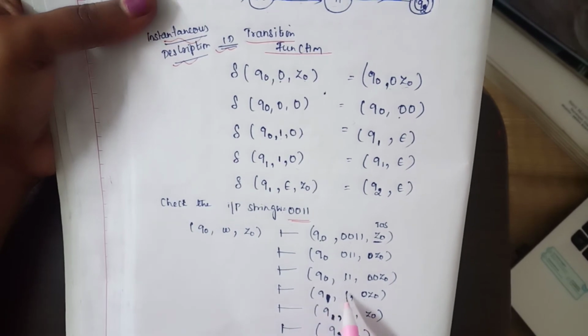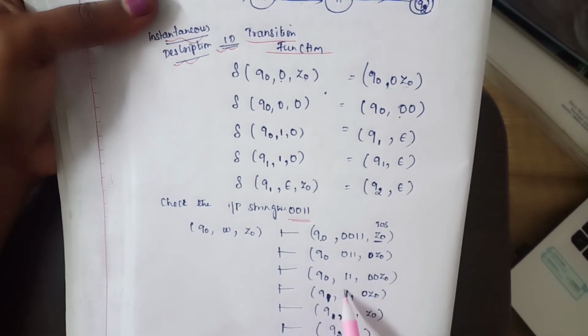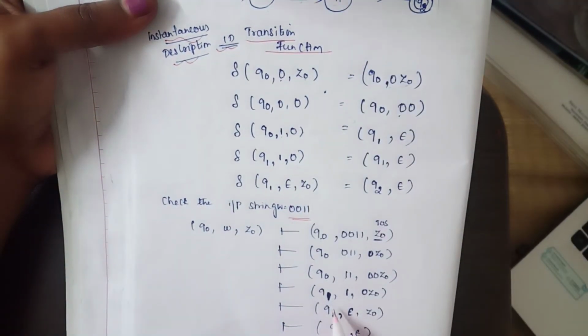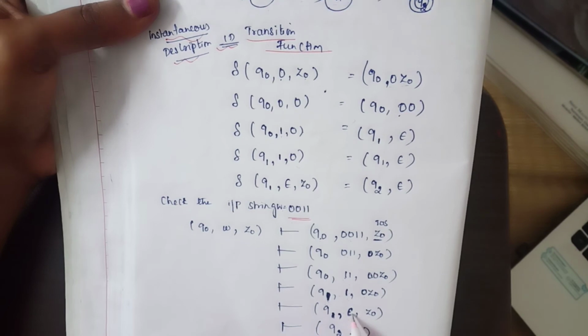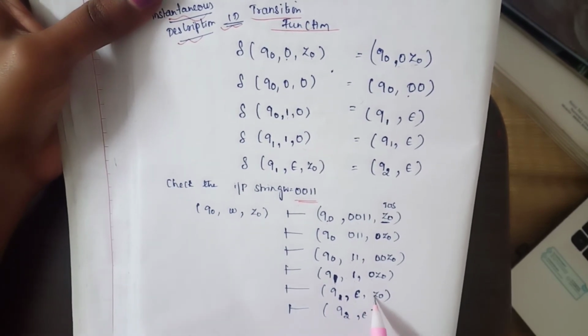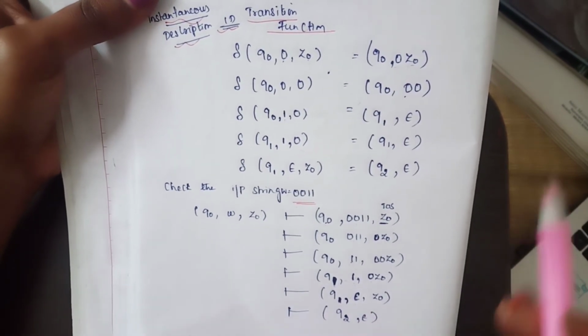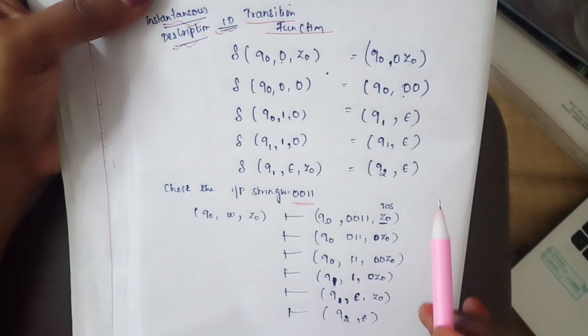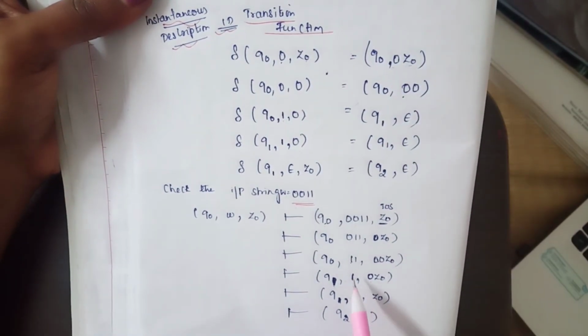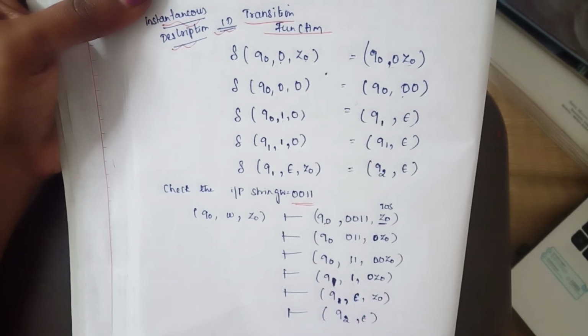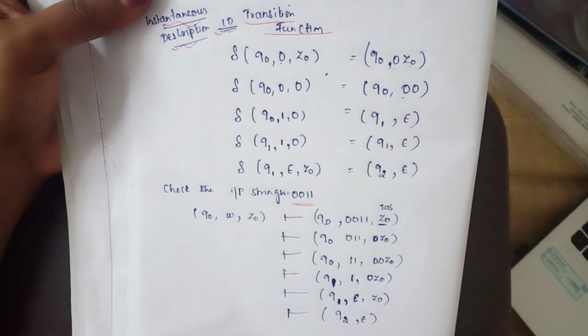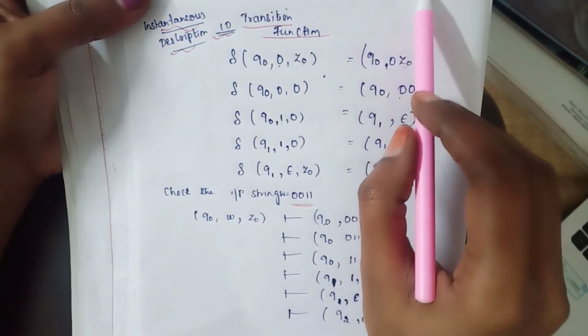After that again 1 is coming, so again 1 is read in the same state, q1, and 1 and 0 get cancelled and you get epsilon over there, and after that we'll have z0. Once all my zeros and ones have been read, I'll go to the next state, which is the final state.